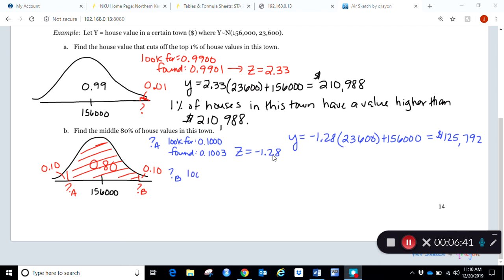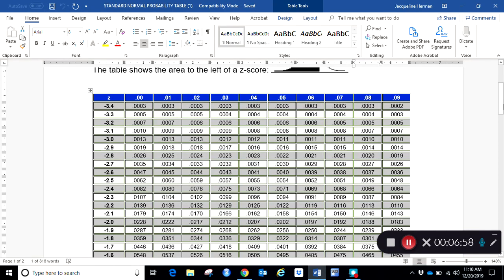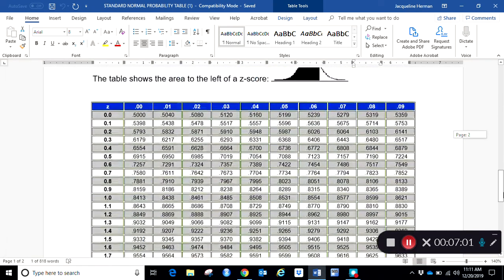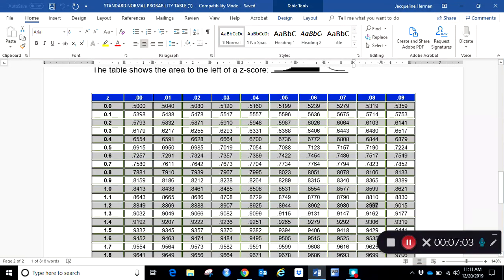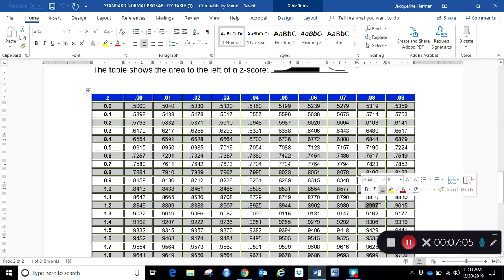However, if you're ever unsure, we can always go to the table looking for our values. So again, I have that 0.8 plus that 0.1 that I've got to look for. So I look for 0.9000. My z-score this time I know will be positive since I'm above or to the right of the mean. Finding our closest thing that we can, we're going to find 0.8997, which then corresponds to a z of positive 1.28, just as I knew it should already be.